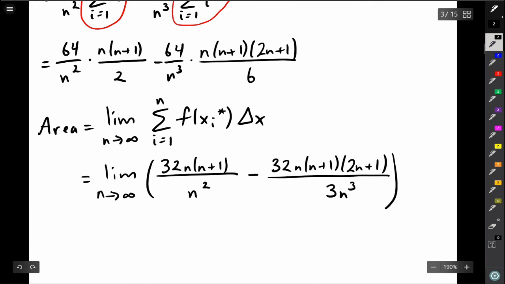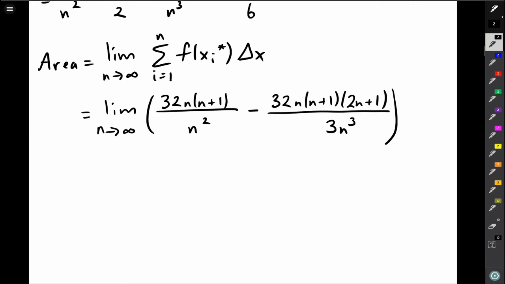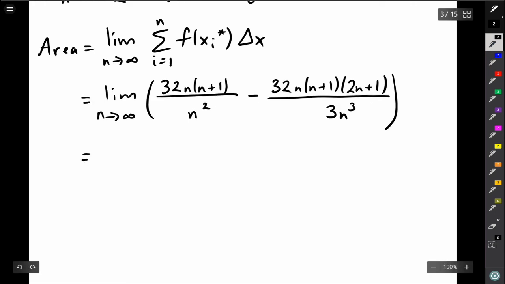So now using what we know about limits here, the top here is degree 2 and the bottom is degree 2. So the limit as we go to infinity is just going to be the ratio of the coefficients. This is going to be 32 over 1.